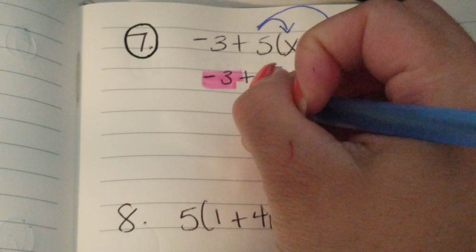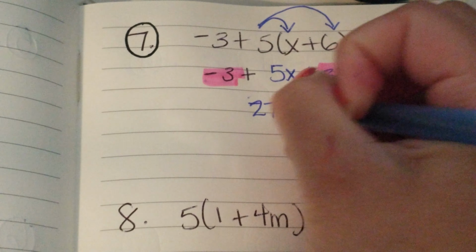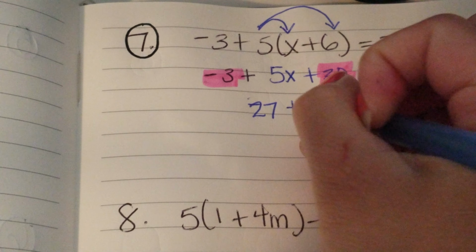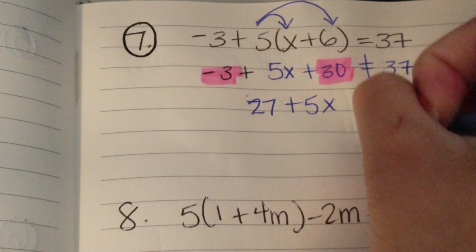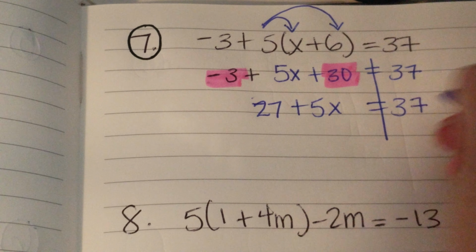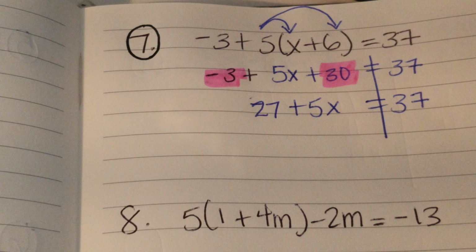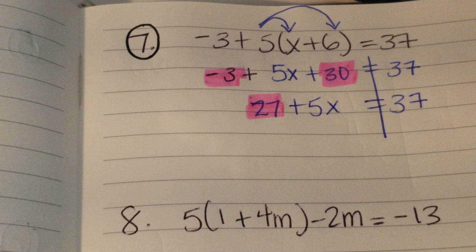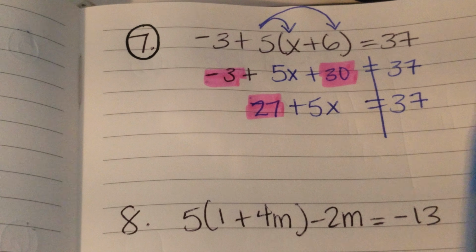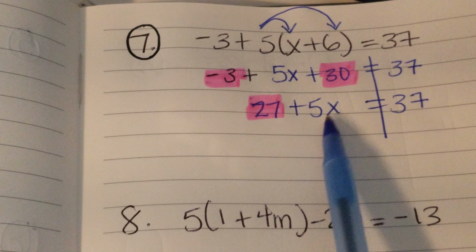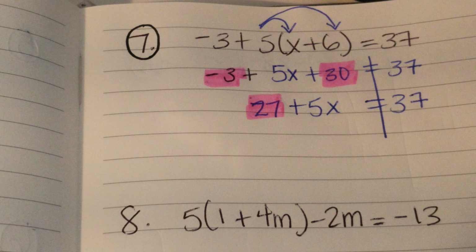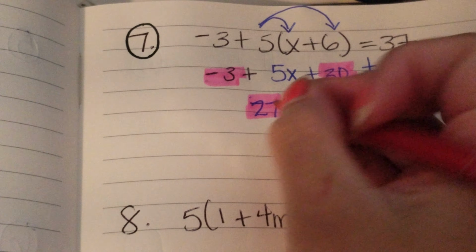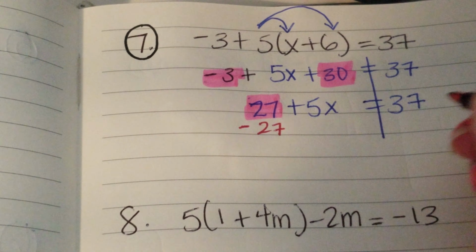Positive 27. 27 plus 5x equals 37. So negative 3 plus 30 is this number, 27. Okay, remember our goal is to solve for x, so 5x will stay here, and I have to subtract the 27 on both sides.